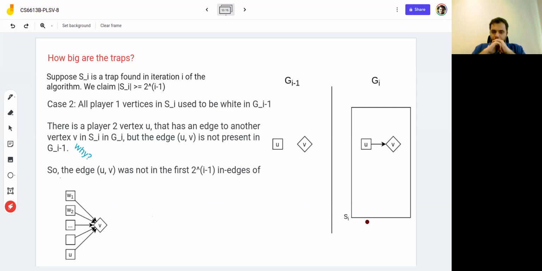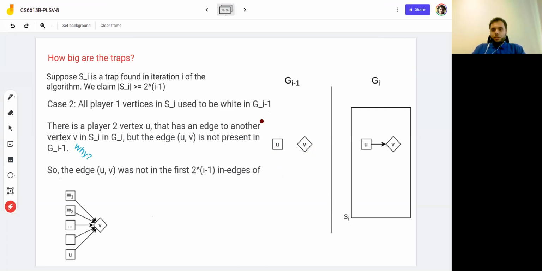So the case that we want to prove is impossible is that all of these edges between player 2 vertices and their successors used to be there even in G_{i-1}. If that was the case, then because all of my player 1 vertices were also white, all of the out edges of player 1 were also in G_{i-1}. So this S_i would also be a trap in G_{i-1}. So this is not the first time that I'm finding S_i, and this is a contradiction. I could already have a trap in G_{i-1}.